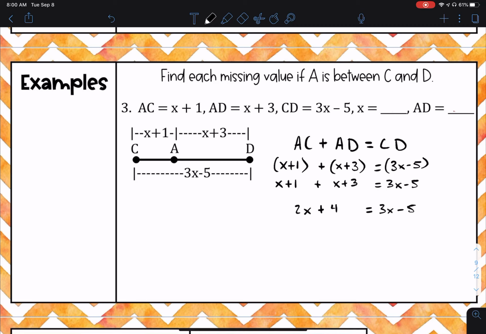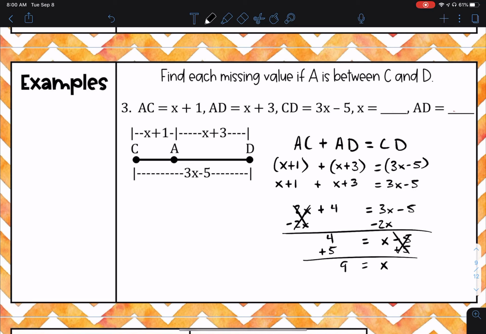Now I have x's on both sides of my equal sign. I need to move my x to one side or the other. I'm going to move my 2x to the other side. My 4 would fall down. 3x minus 2x is just x. And then my minus 5 falls down. And my last step is to get rid of this minus 5. So in order to get rid of minus 5, I need to add 5. And I get 9 is equal to x.